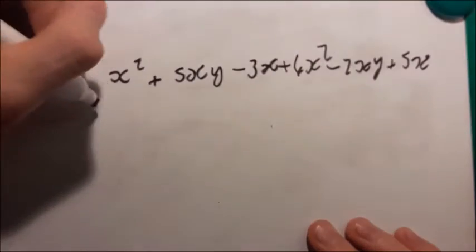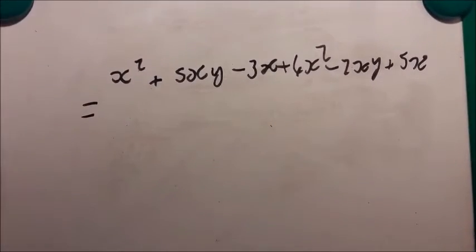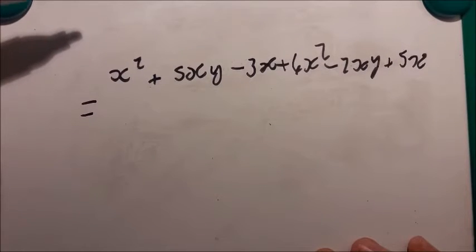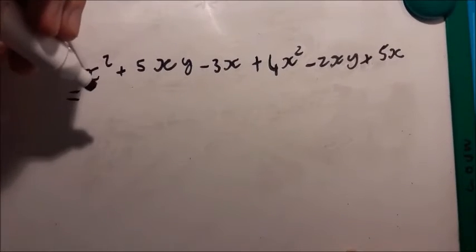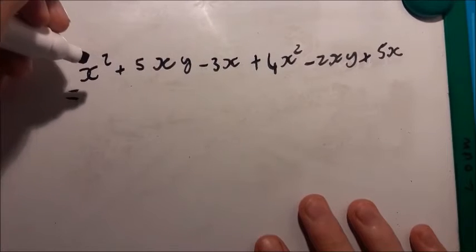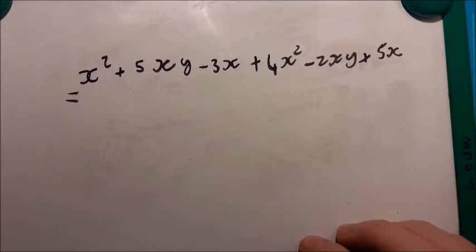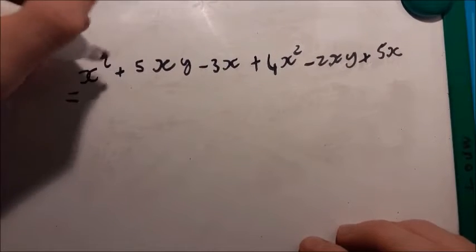So this is quite a long sum, but if you want, you can pause the video and try do this by yourself. Hopefully you have done it and gotten it right, or if you haven't, then it's fine, I'll show you the answer.